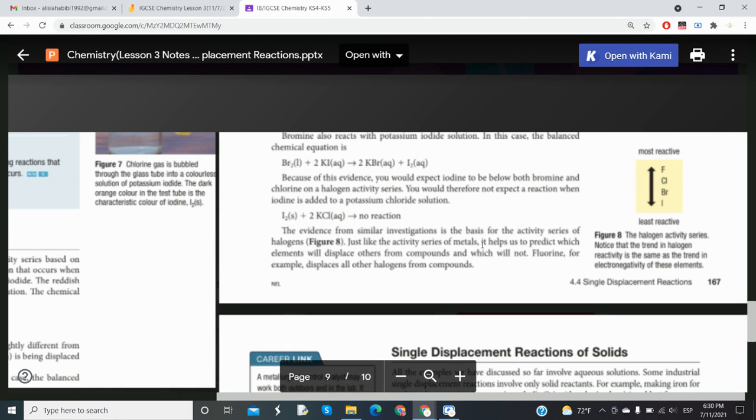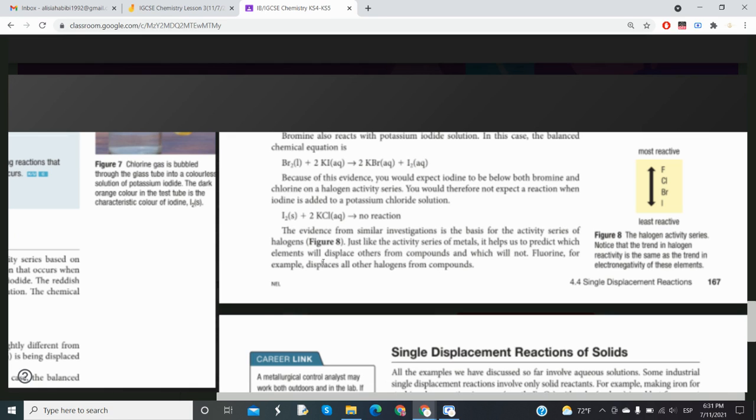Just like the activity series of metals, it also helps us to predict which elements will displace others from compounds. Fluorine, for example, displaces all of the halogens because it's the most reactive. Like I said, this is not going to produce anything because iodine is the least reactive, so it is below bromine.